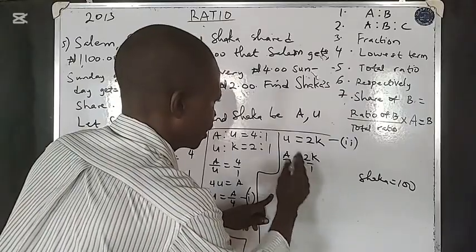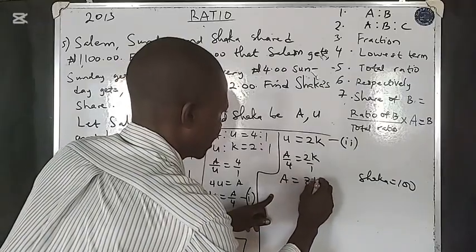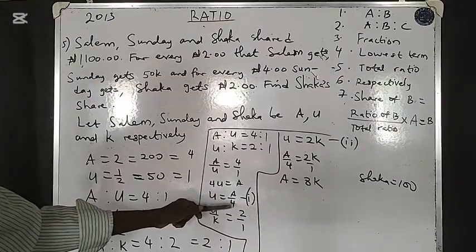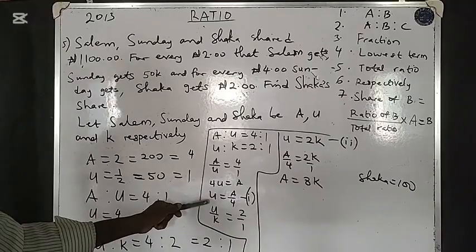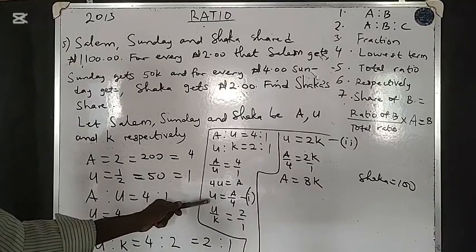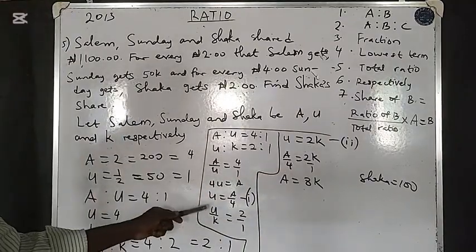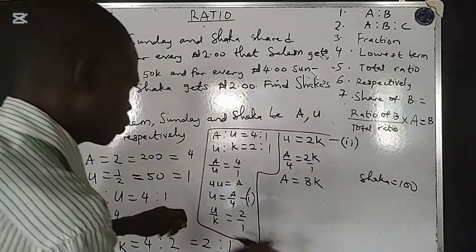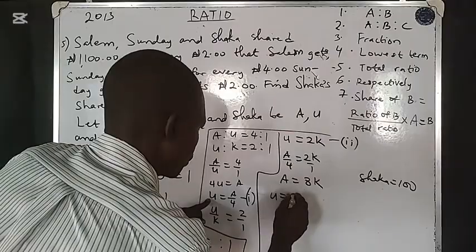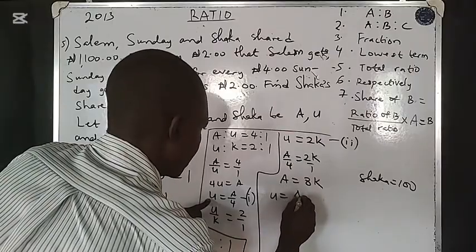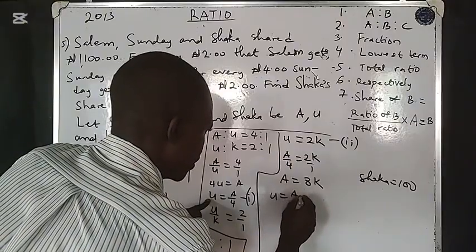Let's cross multiply: A equals 8K. Yes, let's go to equation 1 and replace A there. So equation 1 is U equals A over 4.